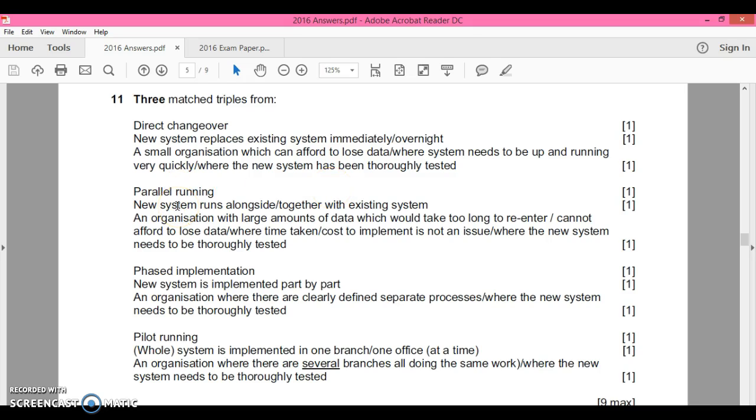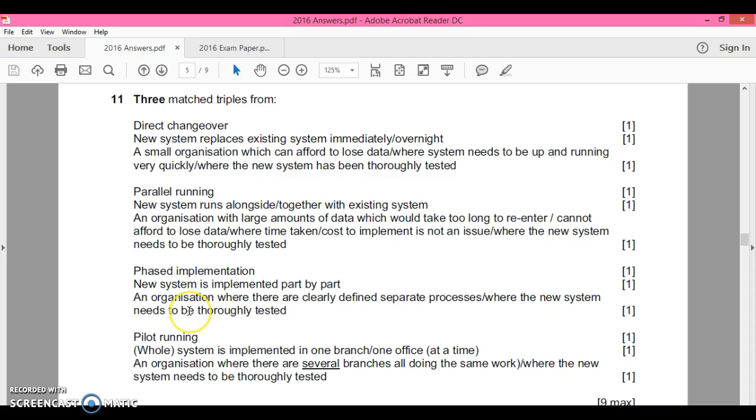Now, parallel running is when an organisation cannot afford to lose large amounts of data, and it would take too long to re-enter all the data, so time has to be taken. They have to run in parallel to make sure that all the data has gone from the old system to the new system.